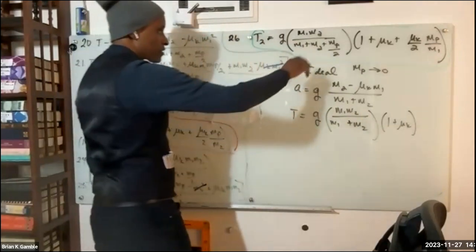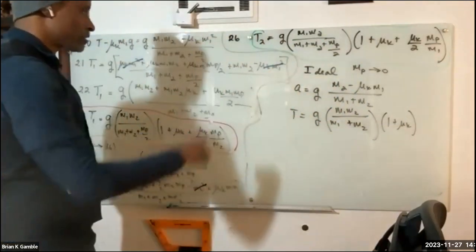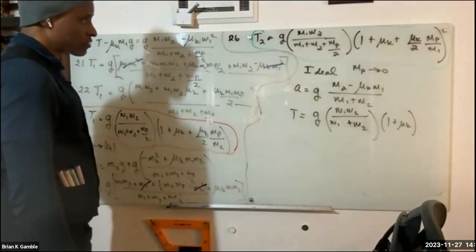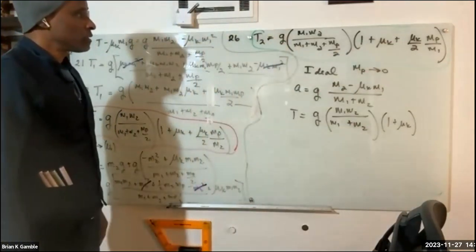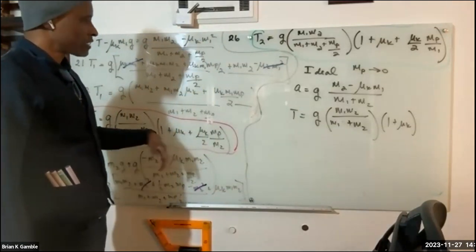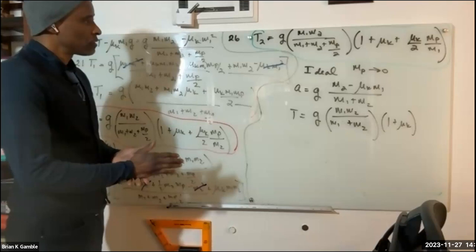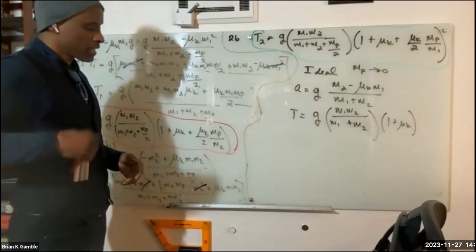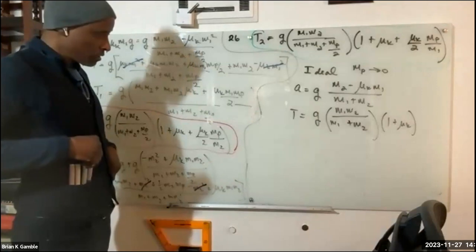But now you're going to have some other term in there associated with the angle. I think there's going to be an angle associated with this term. This would be like mu k times sine of something, or cosine of something. And when that angle reduces back to zero, it should reduce to this solution.